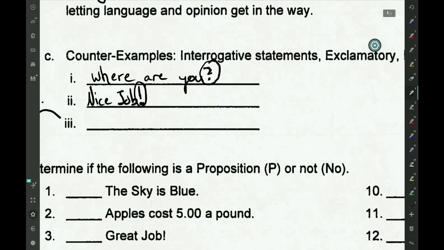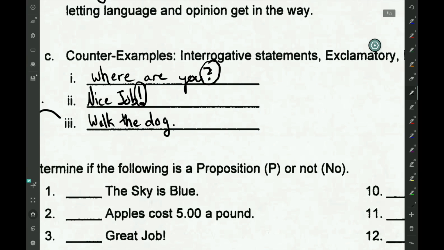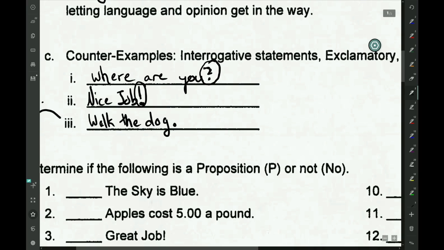And lastly, commands like, walk the dog. If mom tells you, walk the dog, and you say, true, I guess you could say that, but you typically would not answer someone with that. So commands, like get to the chopper, are not types of propositions.